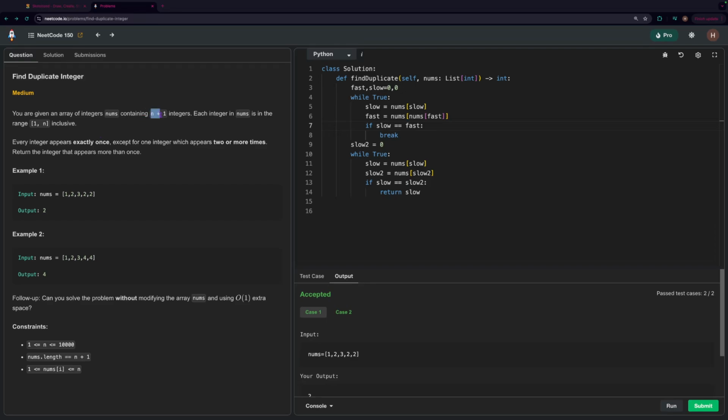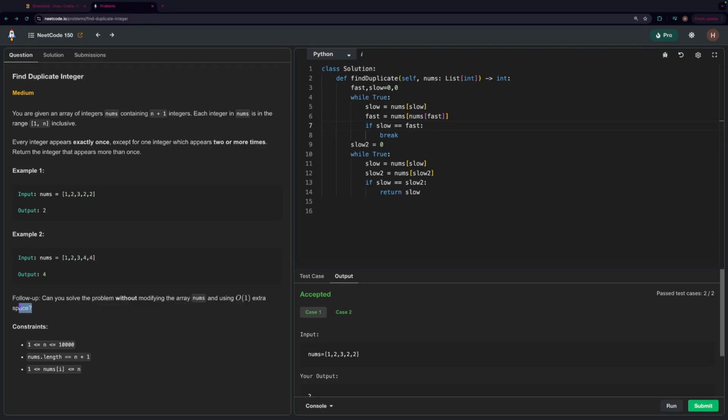However, there are n plus 1 integers in the array. So there has to be some number that repeats. In this example, we have nums 1, 2, 3, 2, 2. 2 is outputted because 2 repeats. And here the output is 4 because 4 repeats.